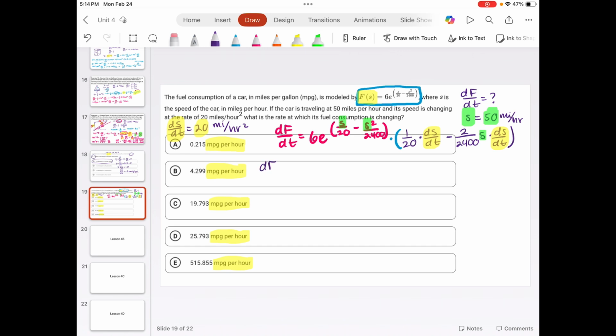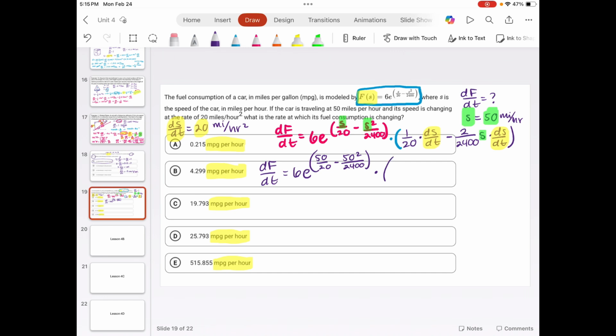So I have df/dt equals 6e. Now, the exponent is going to be s, which is 50, so it'll be 50 over 20 minus 50 squared over 2400. Okay, so that's going to be my exponent there. I'm not going to do the math. I'm just going to plug it into Desmos in just a second.